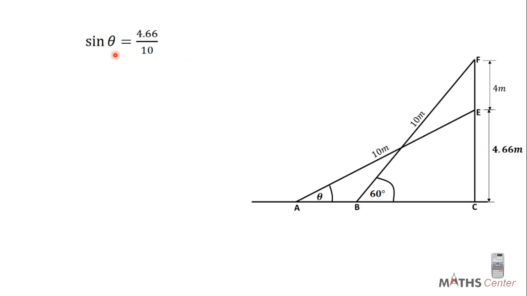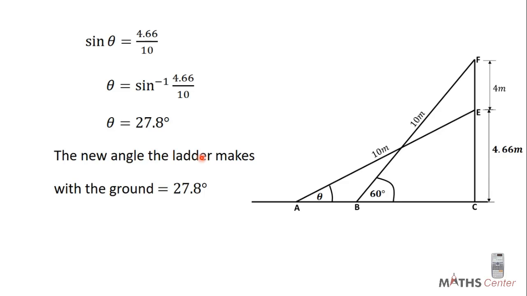So sine theta is equal to 4.66 divided by 10. So theta is equal to sine inverse of 4.66 divided by 10. So theta will give us 27.8 degrees.